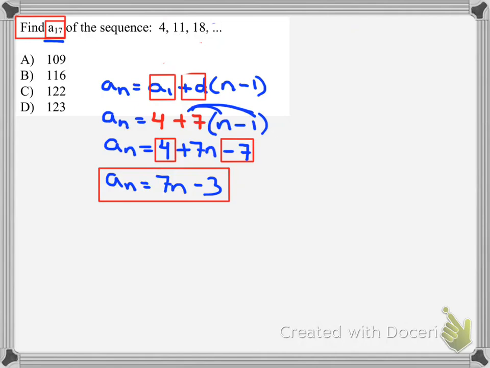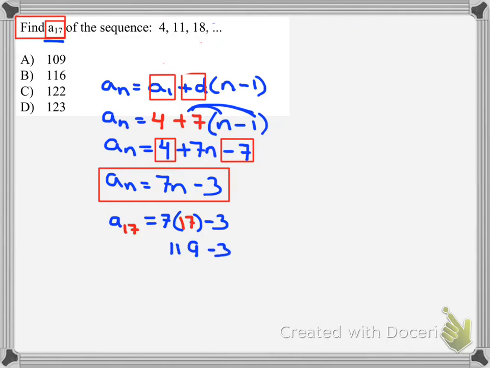And to find the answer, I need to plug in a 17. So a sub 17 is equal to 7, instead of the n, I'm going to plug in a 17, and then minus 3. 7 times 17, just multiply it out and be careful. 7 times 7 will be 49 and we carry 4. 7 times 1 is 7 plus 4 will give me 11.